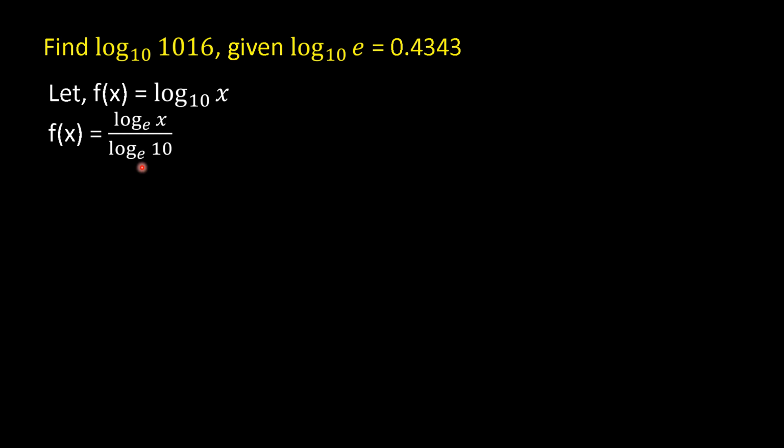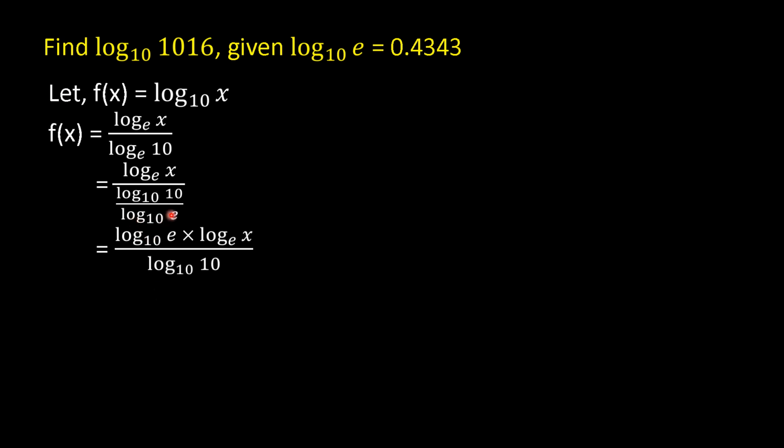Now we have not been given the value of log 10 to the base e. So here also we have to change the base of logarithm from e to 10. So we will write log 10 to the base e as log 10 to the base 10 divided by log e to the base 10. We will write log e to the base 10 in the numerator.